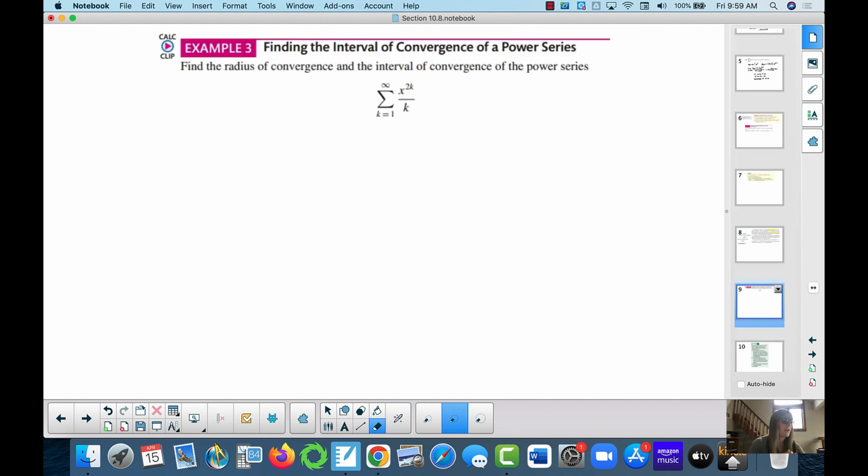All right, so let's check out this example here. If we're trying to find the radius of convergence and the interval of convergence for this series, we're again going to use the ratio test. So we do a sub n, which is x to the 2n over n, a sub n plus 1, which is x to the 2 times n plus 1, which will make 2n plus 2 over n plus 1.